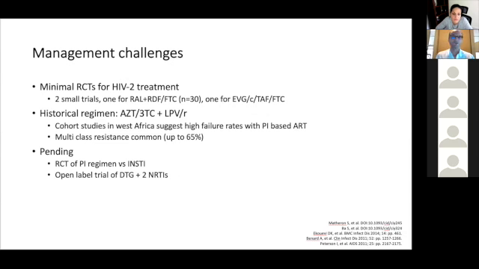Unfortunately, some cohort studies in West Africa, and it's in Senegal where they do most of the high quality work, suggest that there is a high failure with PI-based ART. And then the last point is that there are some pending studies, including a comparison of PI and integrase, and then an open label study looking at dolutegravir plus 2 NRTIs.